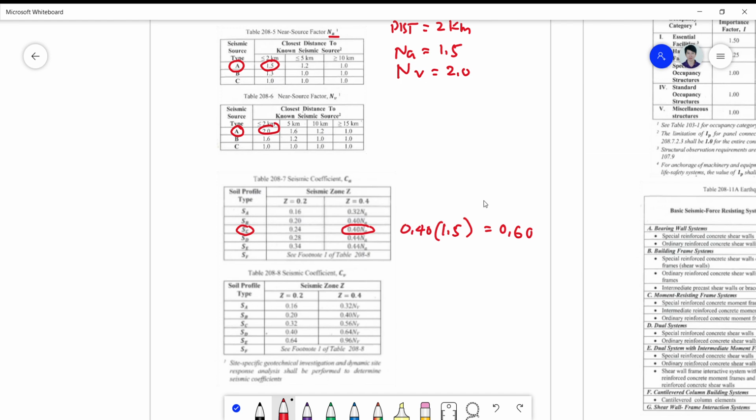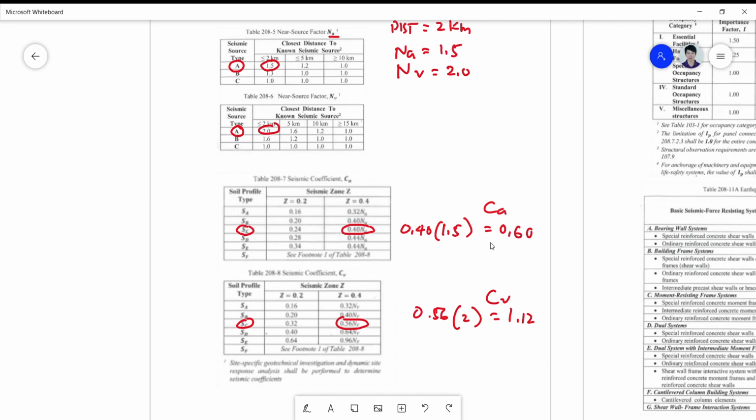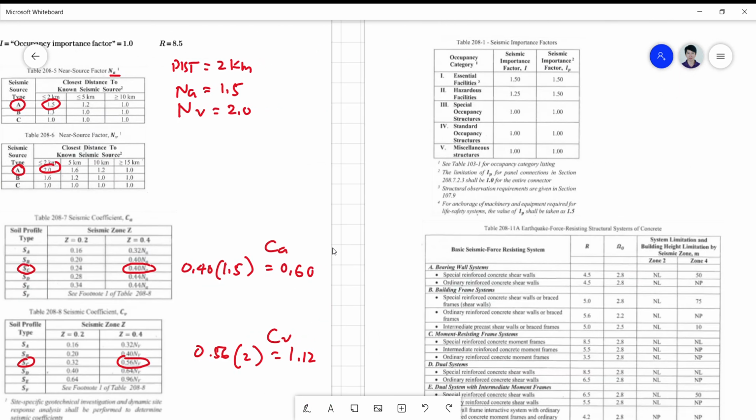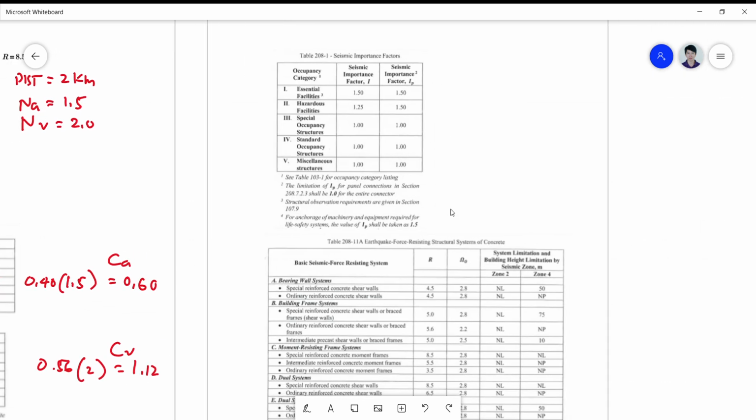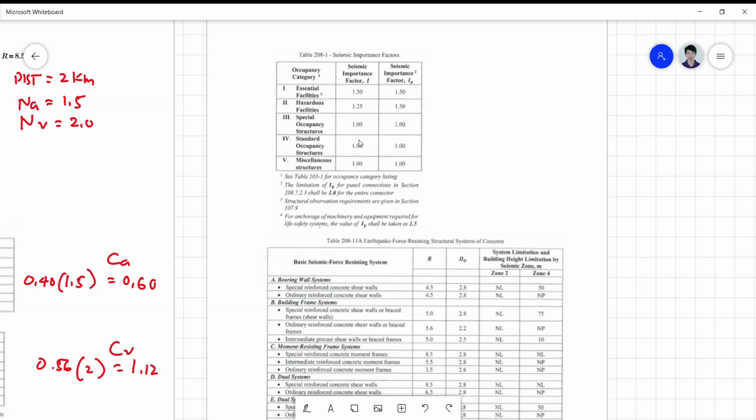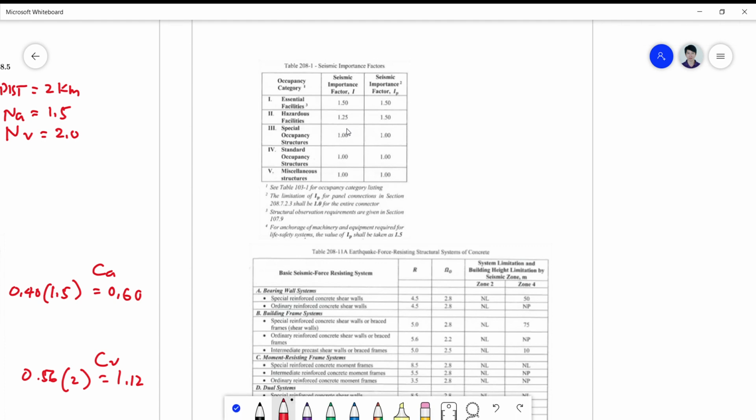So this becomes your CA. And your CV is 0.56 of NV, which is 2. So this is 1.12 for your CV. So those are the parameters we are going to use. And of course, your occupancy is already given to be either a standard or a special occupancy, but the main thing is your I becomes 1.0.